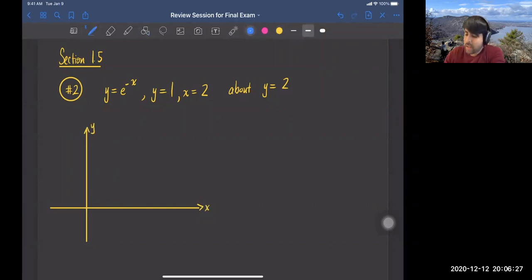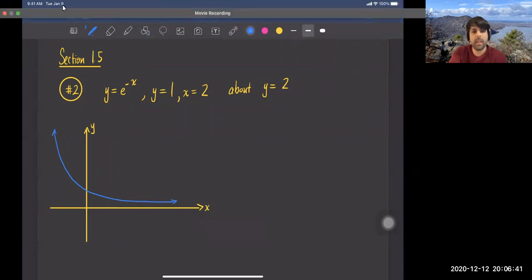So we should know that y equals e to the negative x is an exponential decaying function. So this would look like the equation, right? Just give me 1 second.